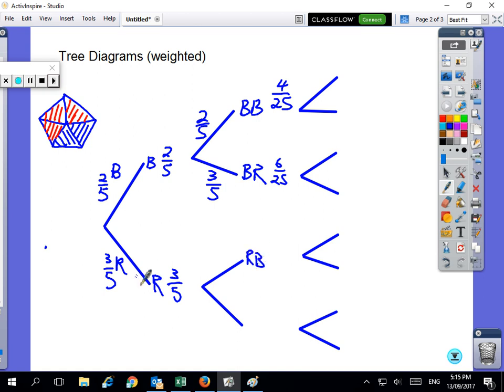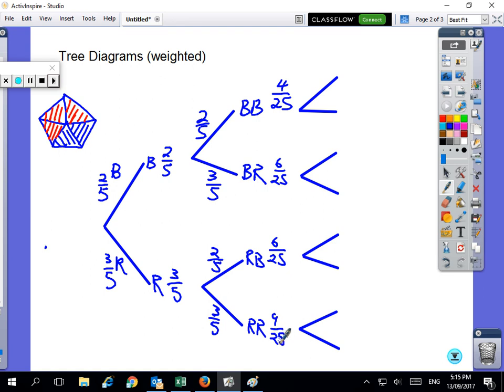My chances would be 3 on 5, but then to get blue is 2 on 5. I multiply those together. 3 on 5, 2 on 5, 6 on 25. And then lastly, red, red would be going down, then down. So that would be 3 on 5 and 3 on 5, which would be red, red, or 9 on 25.